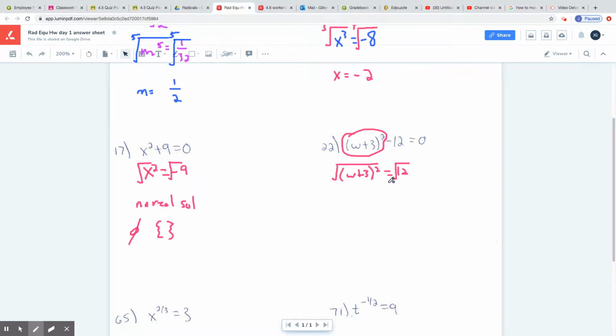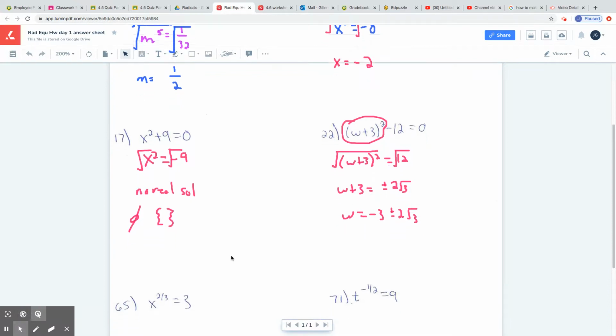The square root of w plus 3 squared is just w plus 3. Since it is an even root, you have to do a plus or minus. The square root of 12 is 2 root 3, so we simplify that and bring over the 3. So w is equal to negative 3 plus or minus 2 root 3.